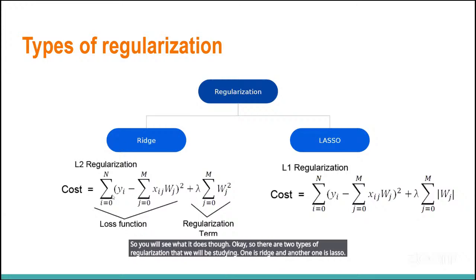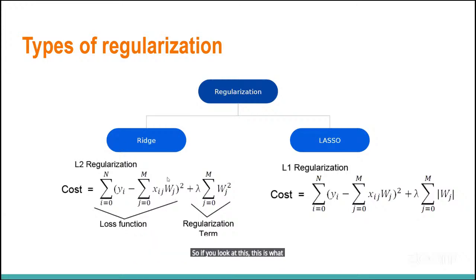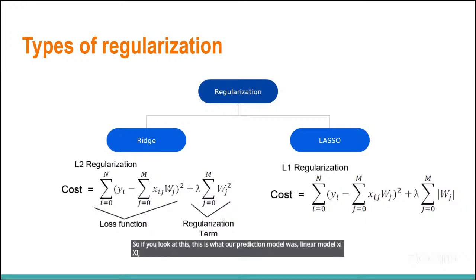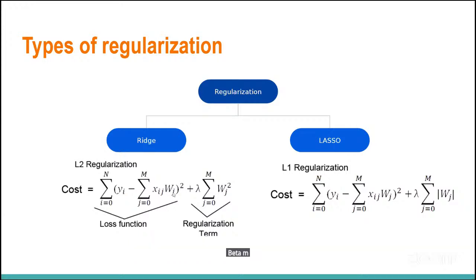So if you look at this, this is what our prediction model was, a linear model. Xij is the data point and Wj is your beta 1, beta 2, beta m. So Wj, think of it as betas, and Yi is your true value. This is your predicted value. The square of that you want to minimize. Initially, you are just minimizing this.